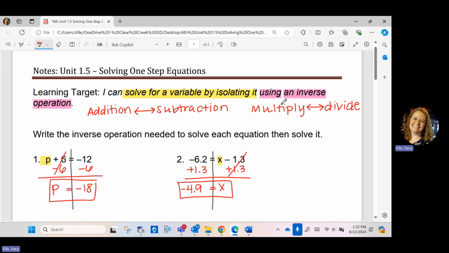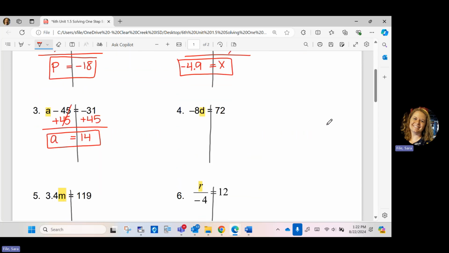Then we said the opposite of multiply is divide. So in number 4, to get the variable by itself, D, this 8 is being multiplied. It's -8 times D. So the opposite is to divide. Gentlemen, please stop talking. So I'm going to divide by -8.